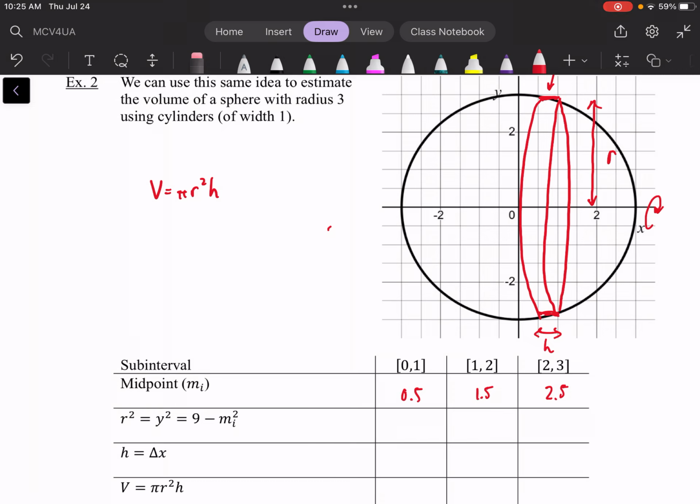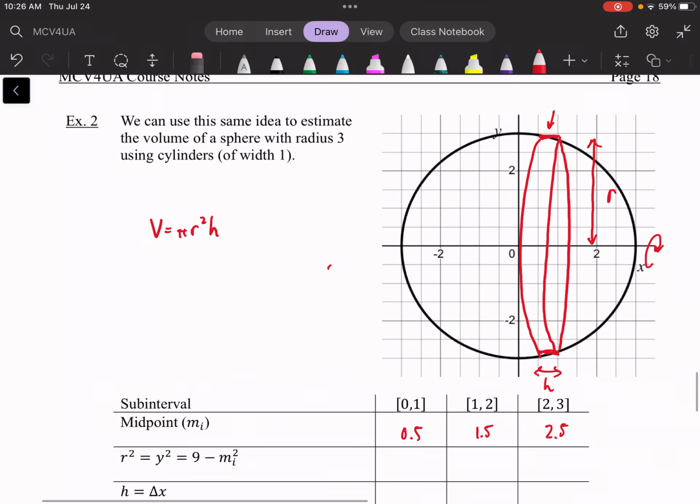So to figure out the radius, we'll notice that radius squared is just whatever the y value is squared. And the y value in this expression, based on this circle, is just 9 minus x squared equals y squared. Or, if you wish, x squared plus y squared equals 9. That's the equation of a circle.